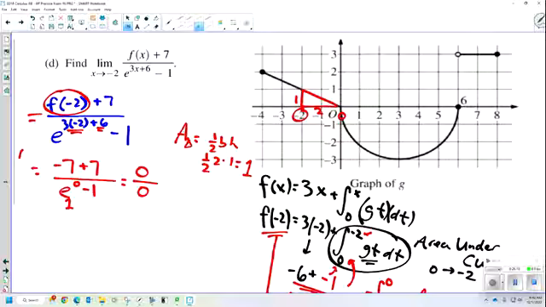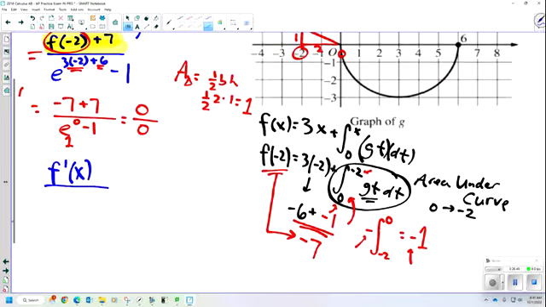So the derivative of the top would be, the derivative of f of x is just f prime of x. The derivative of my 7 is 0, it goes bye-bye, over the derivative of e to the 3x plus 6, which is e to the 3x plus 6 times the derivative of the exponent, which is just 3.